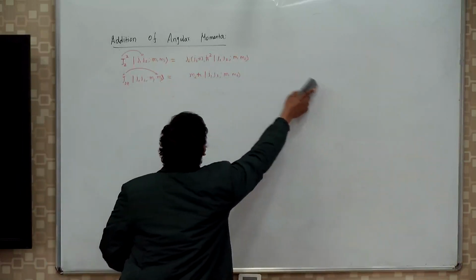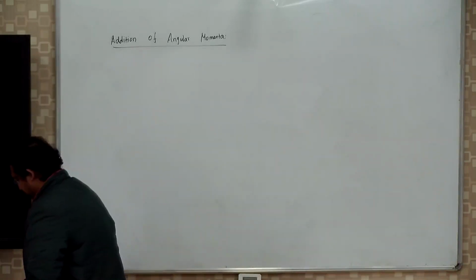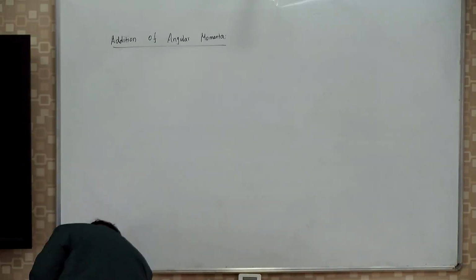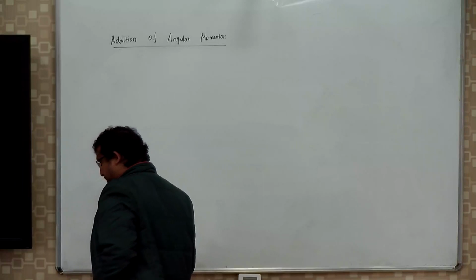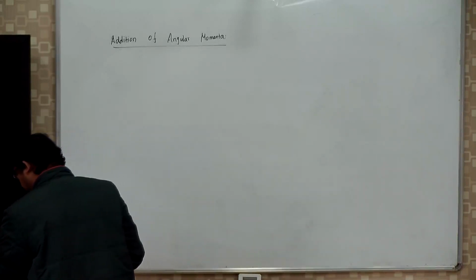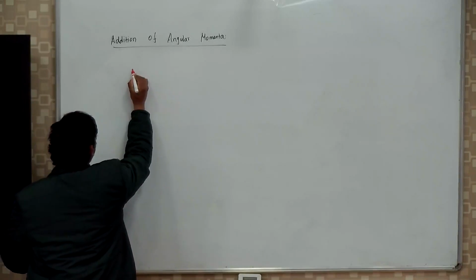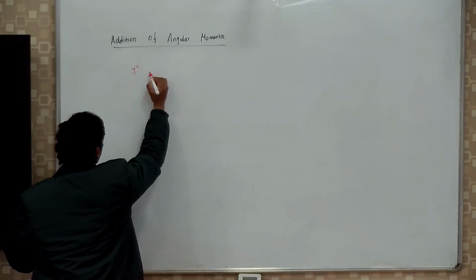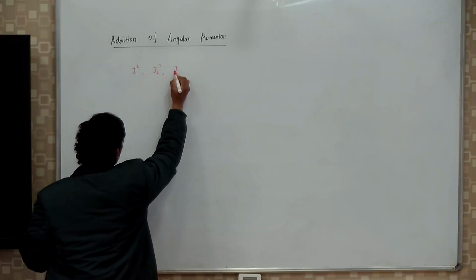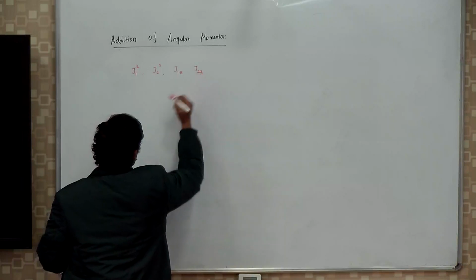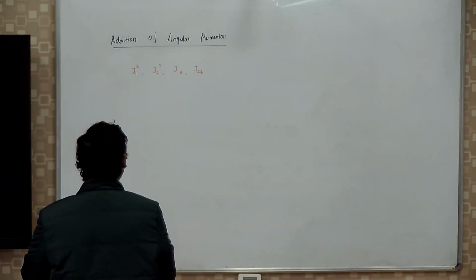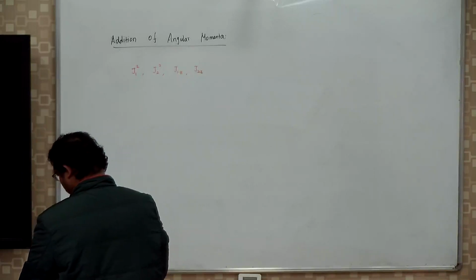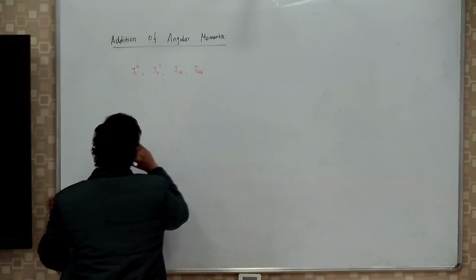So far, if we look at the list of Hermitian operators of both systems, J1 square, J2 square, J1Z, J2Z, these four are Hermitian operators, and suppose these operators commute with each other.